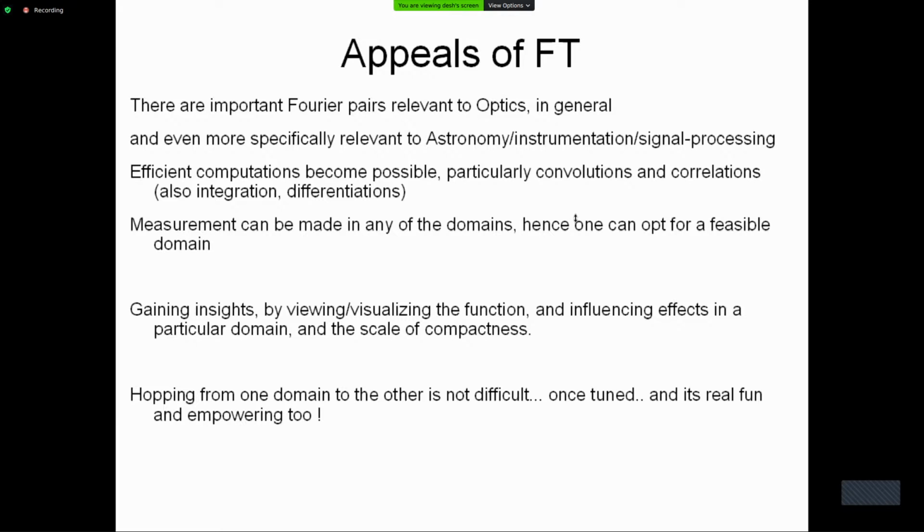And another similar classic simple example is if there is a large amount of noise and a tiny sinusoid is buried in it, it's very difficult for you to make out or even assert that there is something like that.